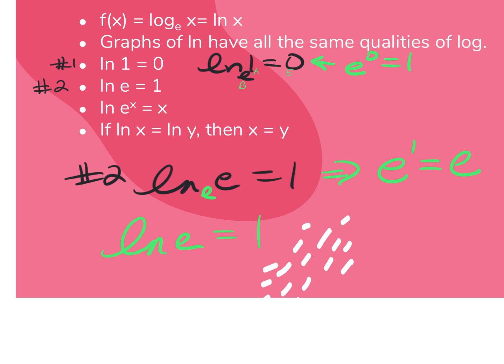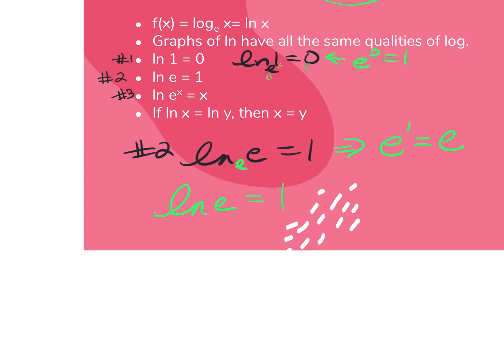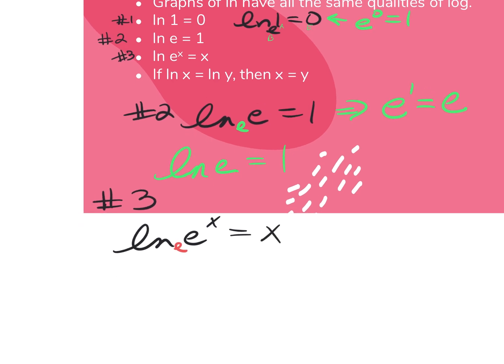The next property is the natural log of e to the x equals x. So for property number 3, ln of e to the x equals x. And again, I've got the little assumed e there.